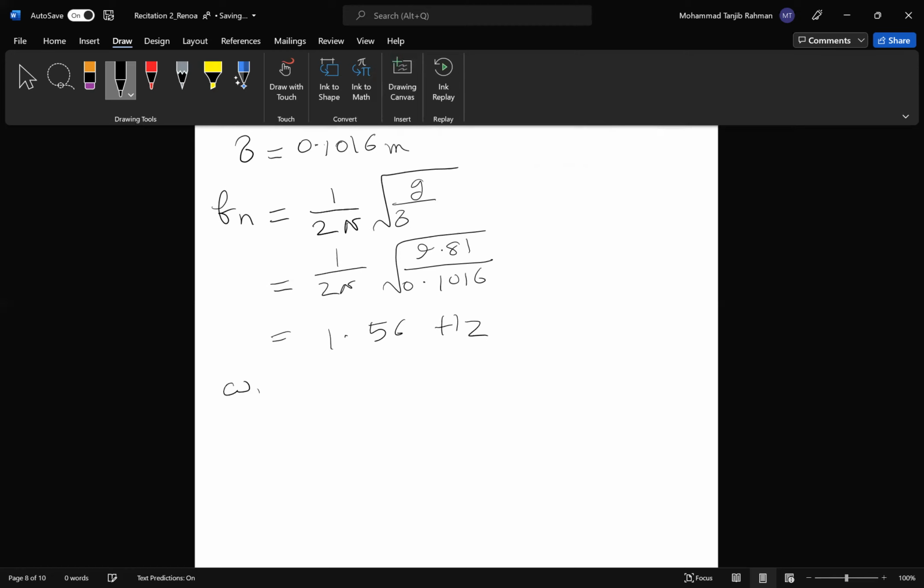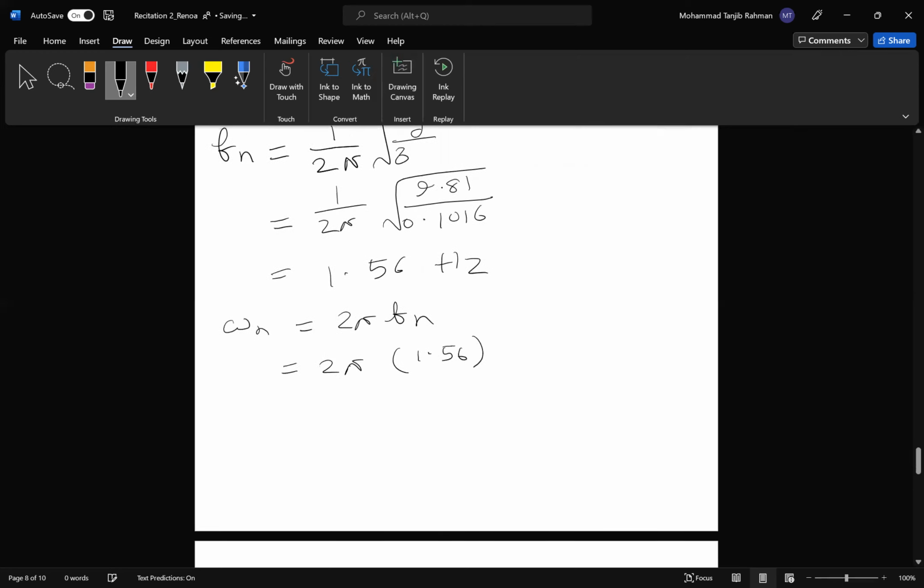From that, we can find the omega. So omega n is equal to 2 pi fn. So it would be 2 pi times 1.56, and so the omega will be equivalent to 9.84 radian per second.